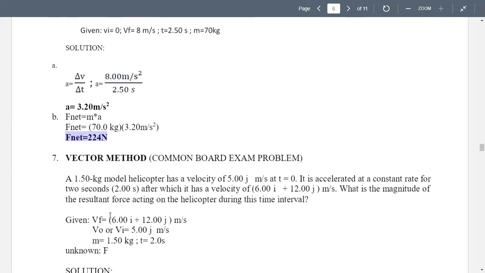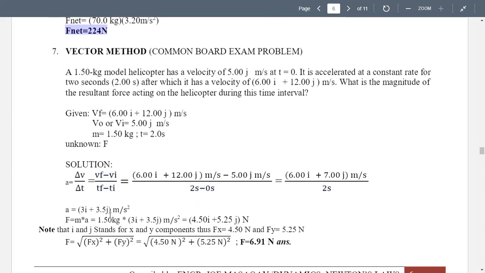Okay? And then for the vector method, a 1.50 kilogram model helicopter has a velocity of 5.0 j meters per second at time equal to 0. Okay, initially, your time is equal to 0, so the velocity is 5.0 j.